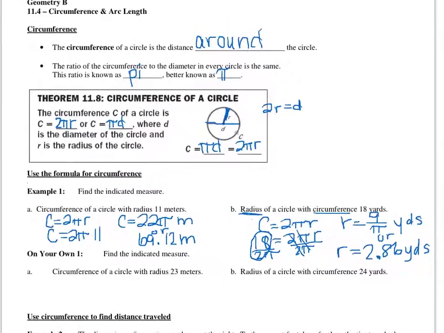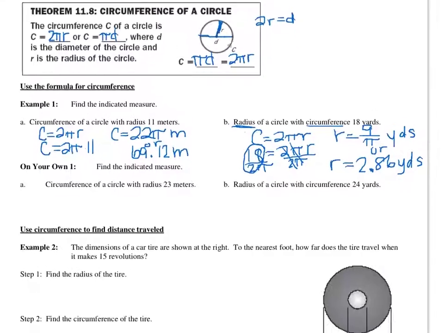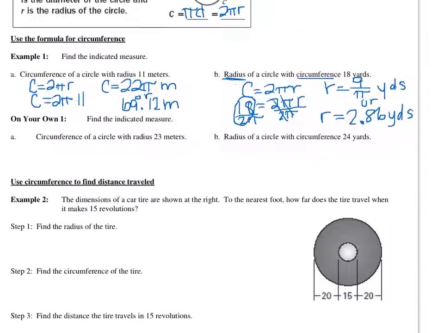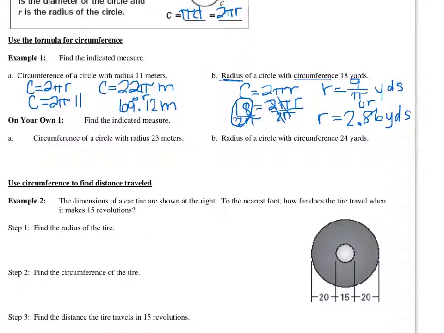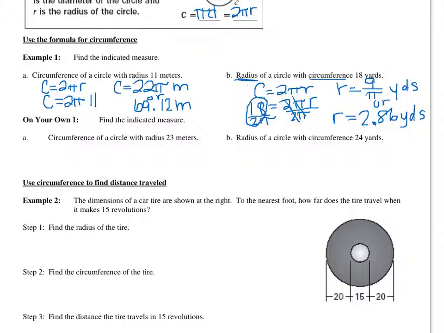These next ones here say find the indicated measure. Keep it so I can see my formula there. Circumference of a circle with a radius of 23 meters. So I'm going to use this formula because I know I've got radius there. That was my key thing.